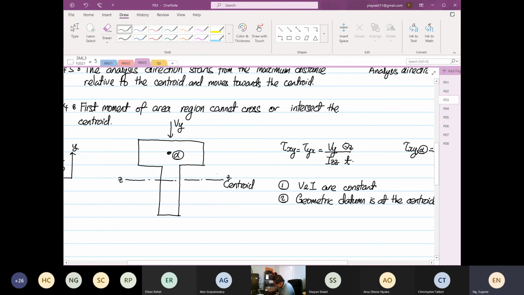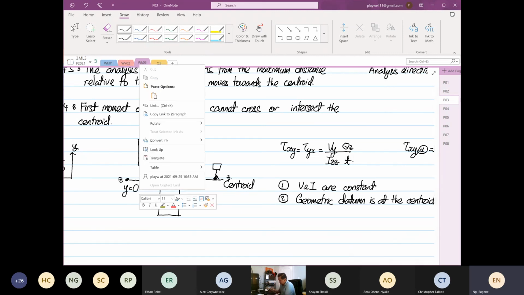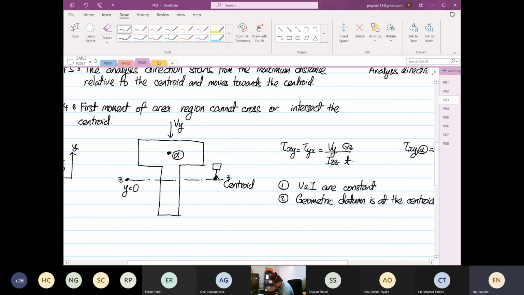The symbol for datum is like that. This is our datum, and at this point y is equal to 0. Then the analysis starts from y max. So we know that this is your y max.